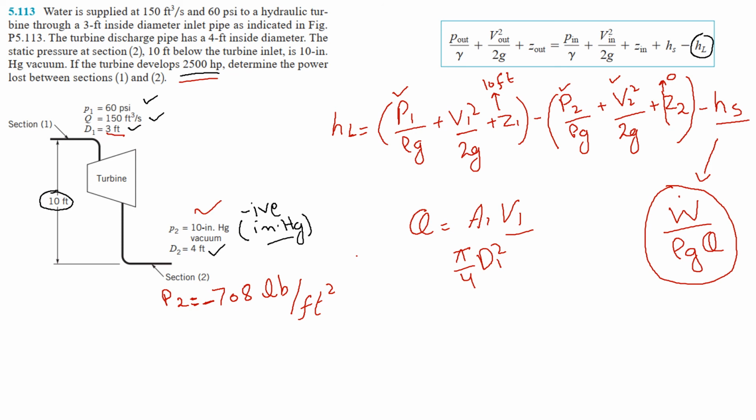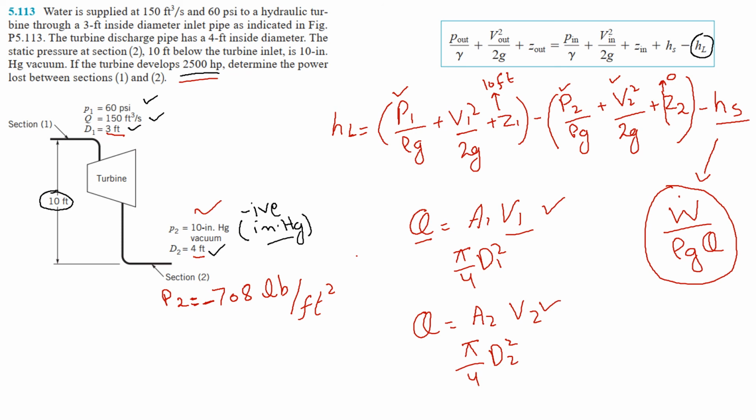So we can find this area. We know the volumetric flow rate, that is given in cubic feet per second. So we can find our V1. Similarly, we will use the same for V2. Here we will put our area as pi by 4 D2 square. So here our D2 is 4 feet. So we can also find our V2.